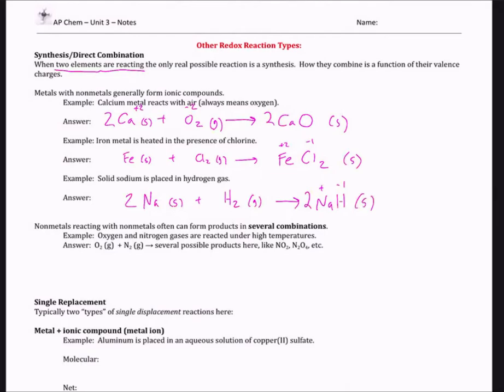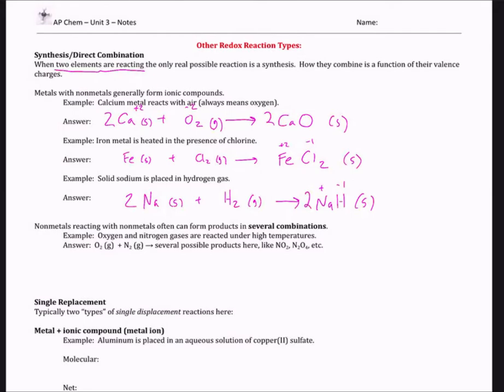Now, sometimes when you have nonmetals reacting with nonmetals, it gets a little murky, because nonmetals, remember we did that example with nitrogen where it had pretty much every single oxidation number possible, right? Nonmetals can vary so much, so there are lots of possibilities.